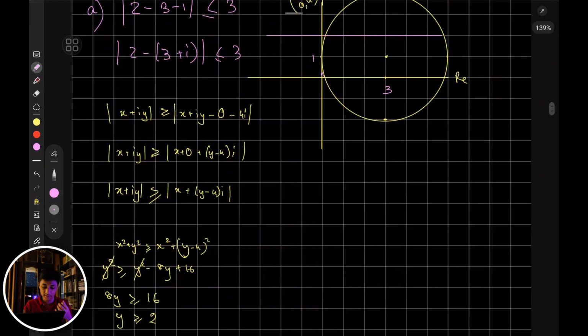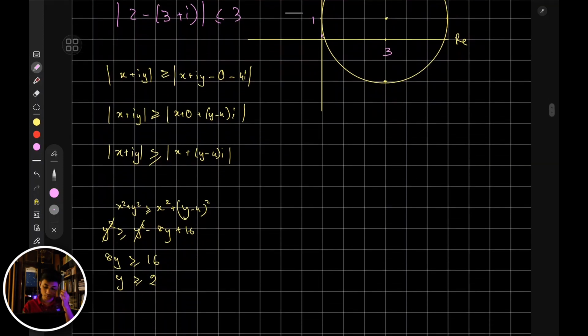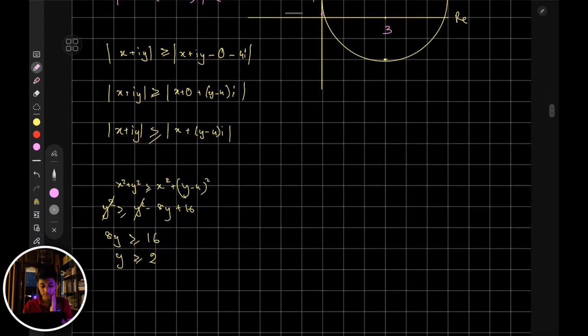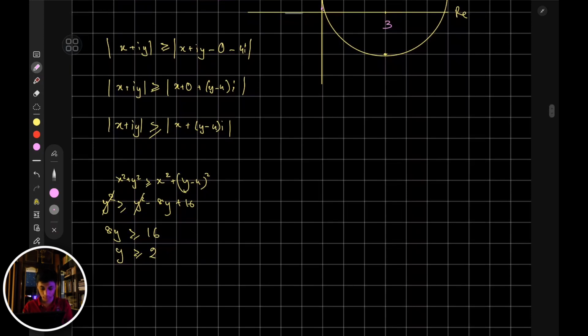You're taking the modulus. What are you doing next? You're making the real part one part and the imaginary part another part. So you're next going to do what? Put a square on either side.